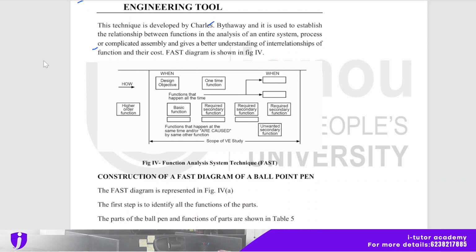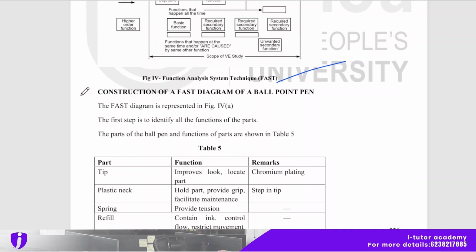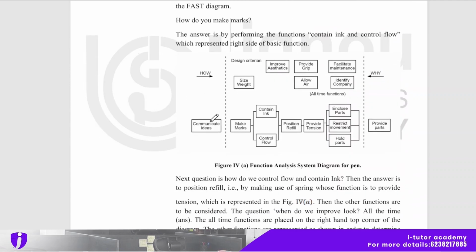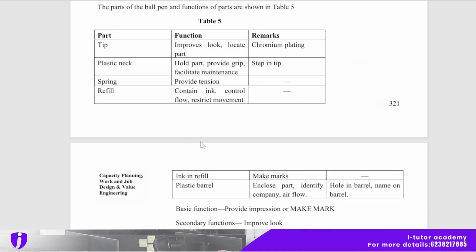The FAST diagram is shown here. FAST is the Function Analysis System Technique. The construction of a FAST diagram of a ballpoint pen is represented here. That is a system diagram. How to communicate ideas, then why is here, and provide parts and design criteria is here. So that is an example.